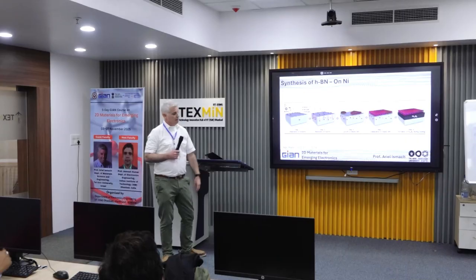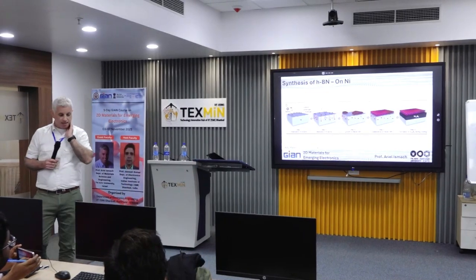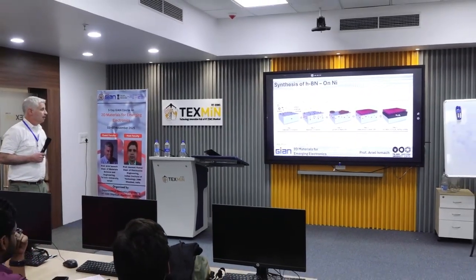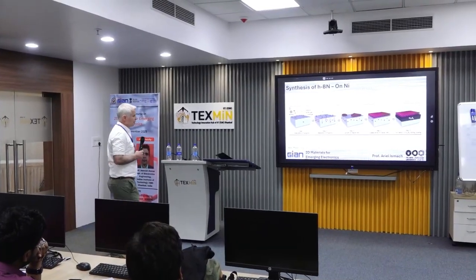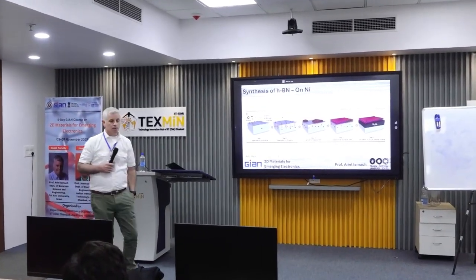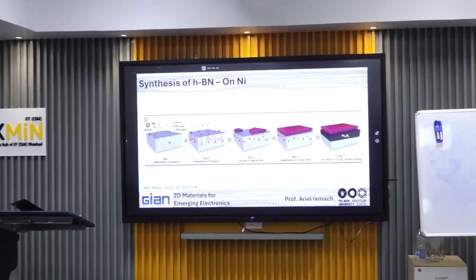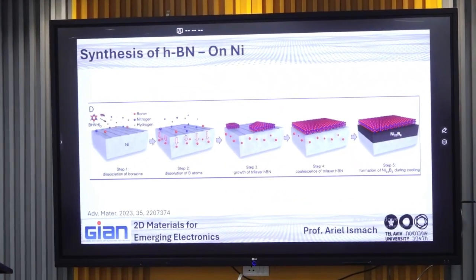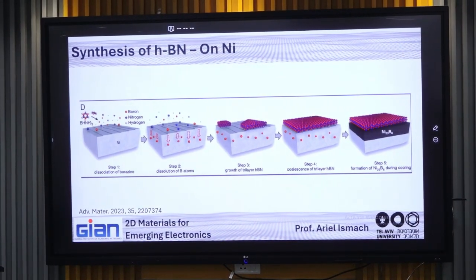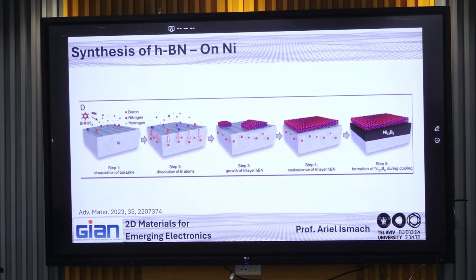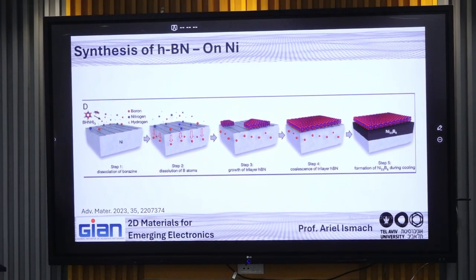Now, when you have nickel, you may experience many other effects than in the case of carbon. With carbon, we know that nickel carbides are not stable, and therefore you don't get any formation of nickel carbide. If you use different metals that form metal carbides, you may have that in the growth, especially when you grow at high temperatures. But for nickel, you simply don't get nickel carbide.